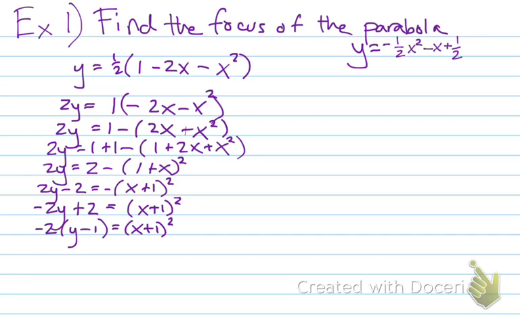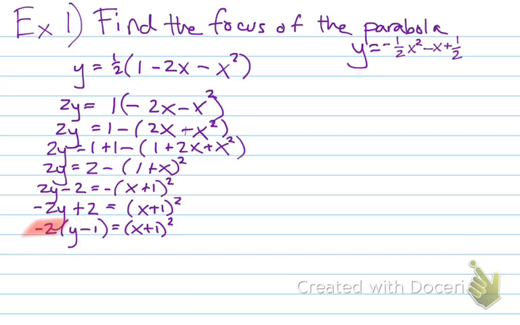So this looks a lot like my standard equation of a parabola, which is x minus h squared equals 4p times y minus k, where p is the distance I'm looking at. So this is in the standard form, and 4p equals negative 2.